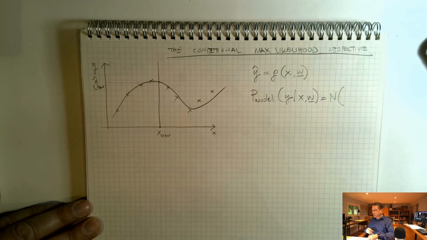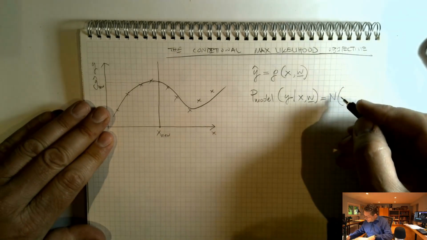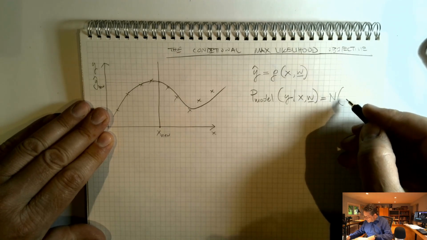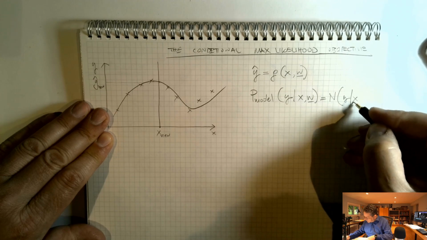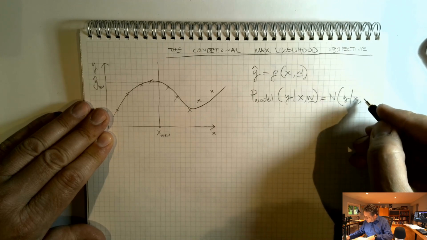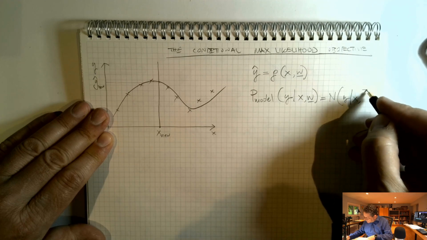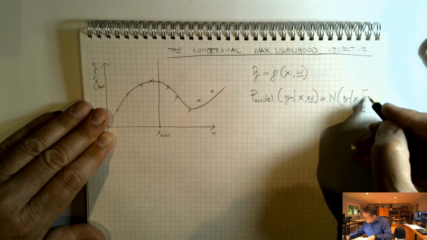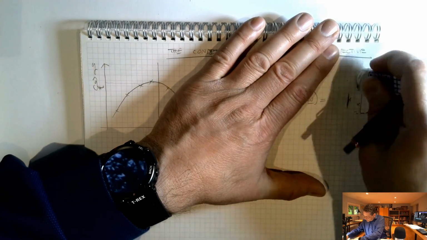This normal distribution obviously has a mean and a variance. So I'm going to quote here the normal distribution where we have y given x, comma, and as w, we're going to have here a mean. That mean is going to be, let me write it below so we have a bit more space.